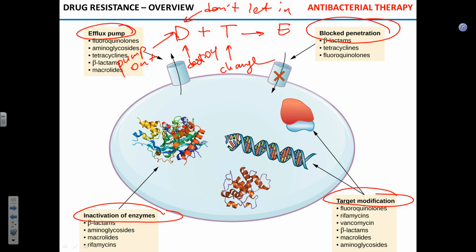So some bacteria alters the enzyme that is regularly inhibited by TMP. Will it be an efflux? No. Will it be a blocked penetration? No. Will it be a drug modification? No. It will be a target modification. It changes the target for the drug.